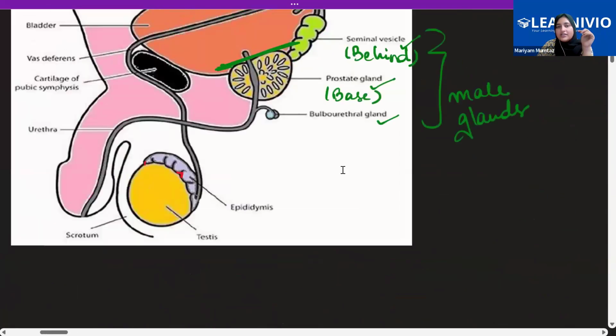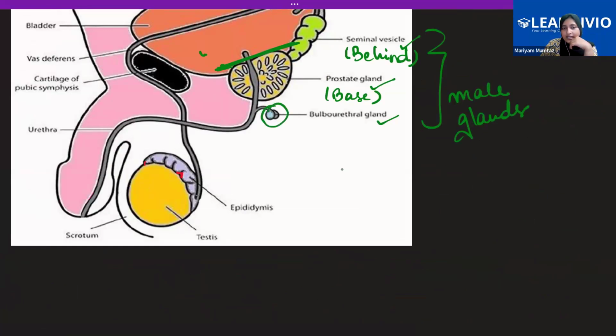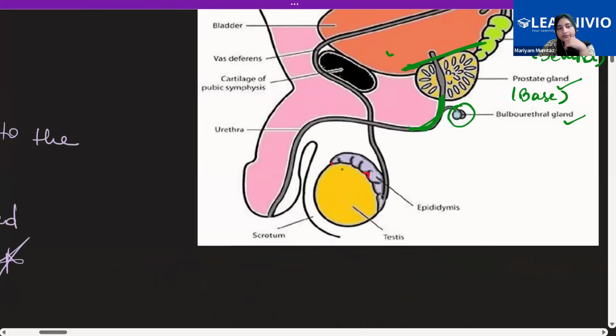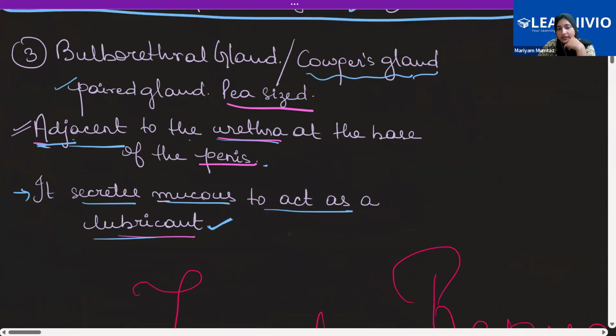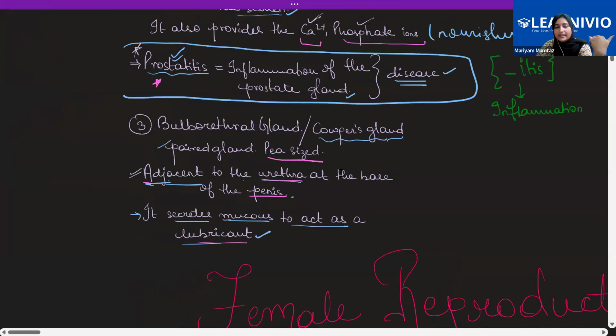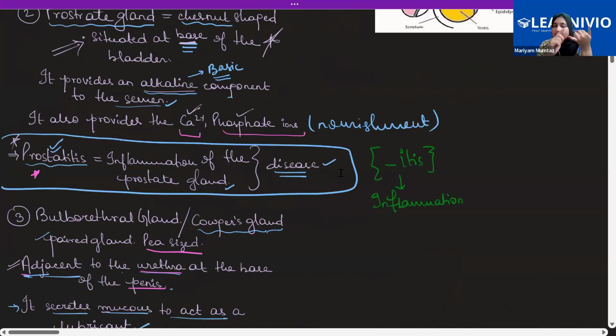This is the urinary bladder, and this is the bulbourethral gland, which is situated at the base of the penis. It secretes mucus to act like a lubricant. So the human male reproductive system is completed now.